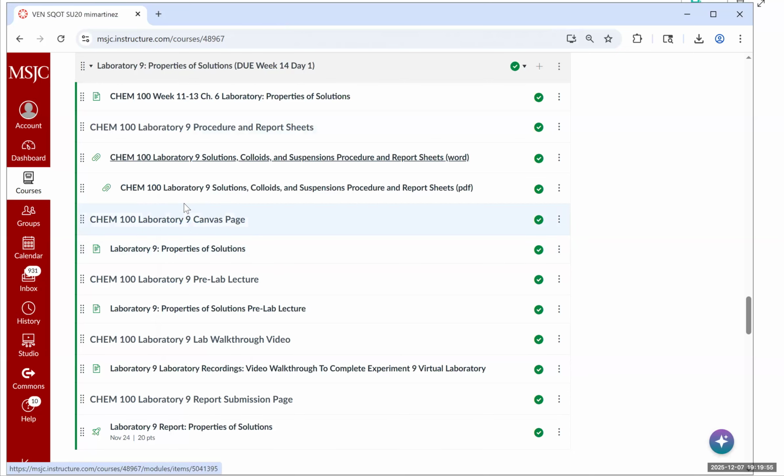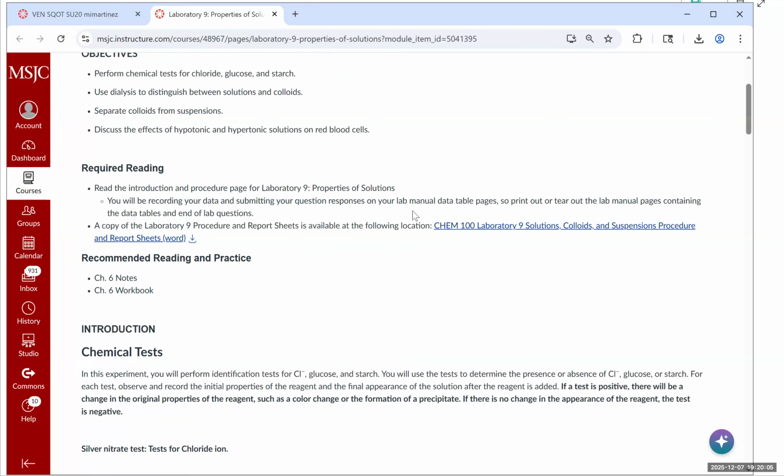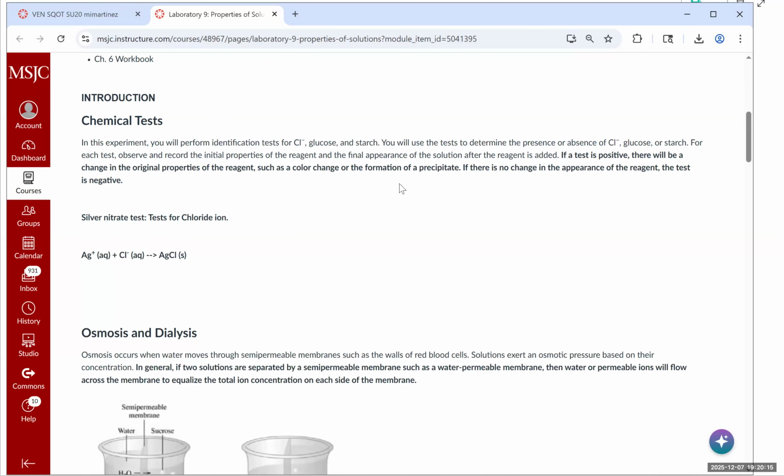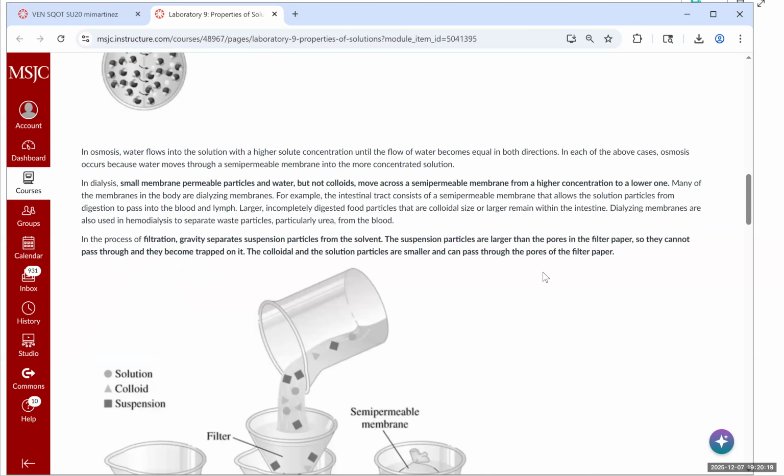The next thing I'd like to draw your attention to is the Laboratory 9 Canvas page titled Laboratory 9 Properties of Solutions. In addition to having all of the photos and videos that we'll be using to collect data and observations needed to complete our report, the Lab 9 page also has a wealth of detailed information on the theory covering today's laboratory.